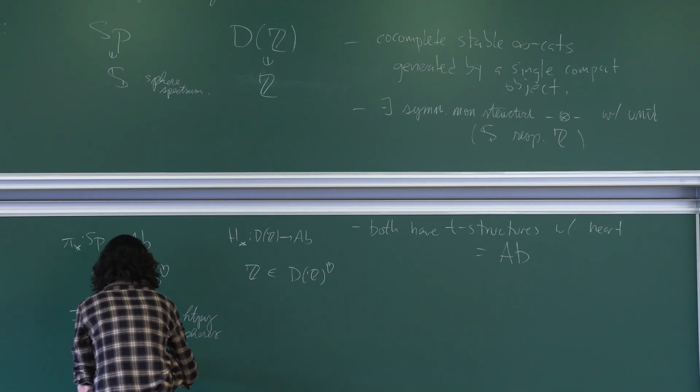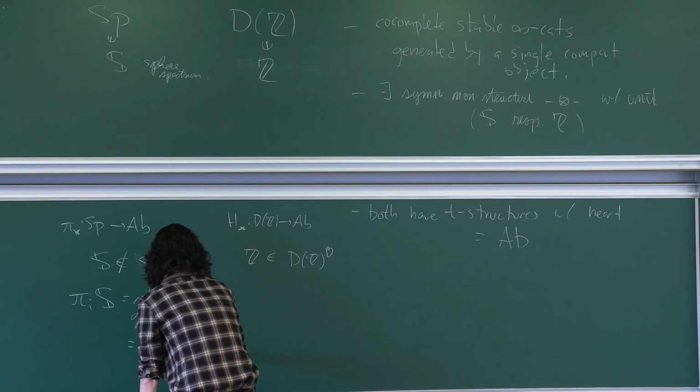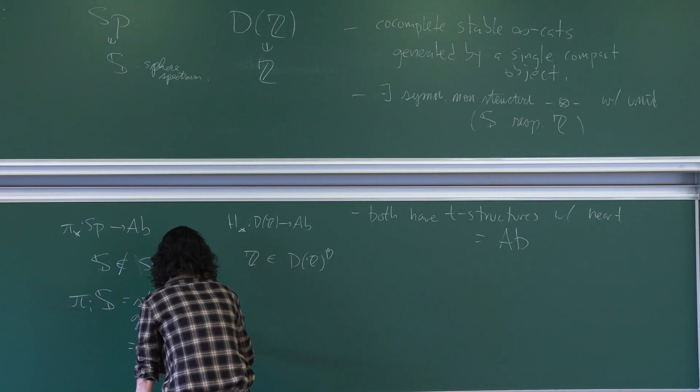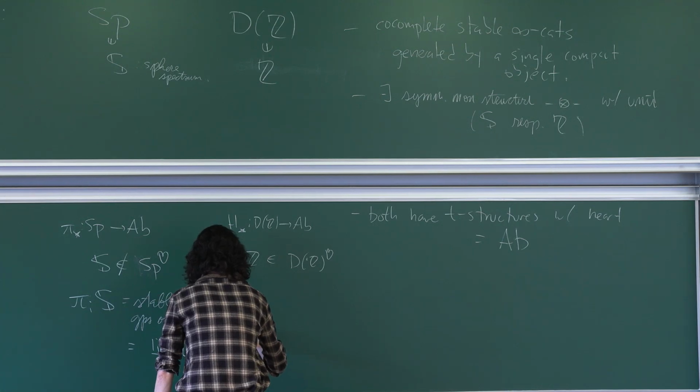So you take the colimit over d of pointed homotopy classes of maps from the (d plus i)-dimensional sphere to the d-dimensional sphere.